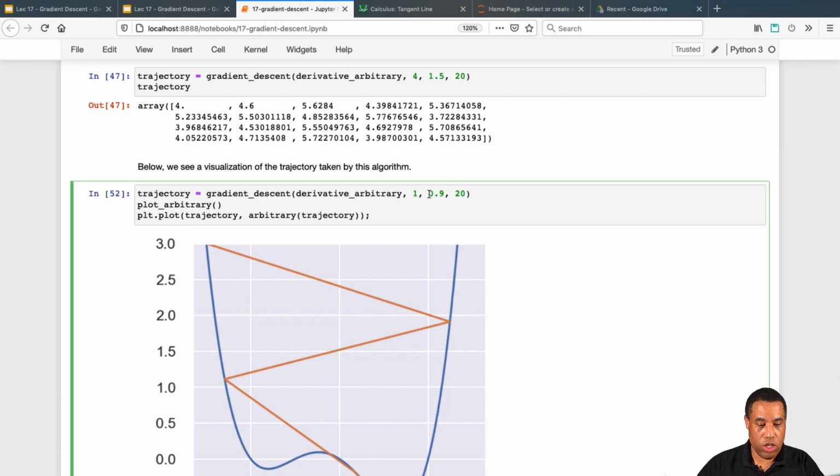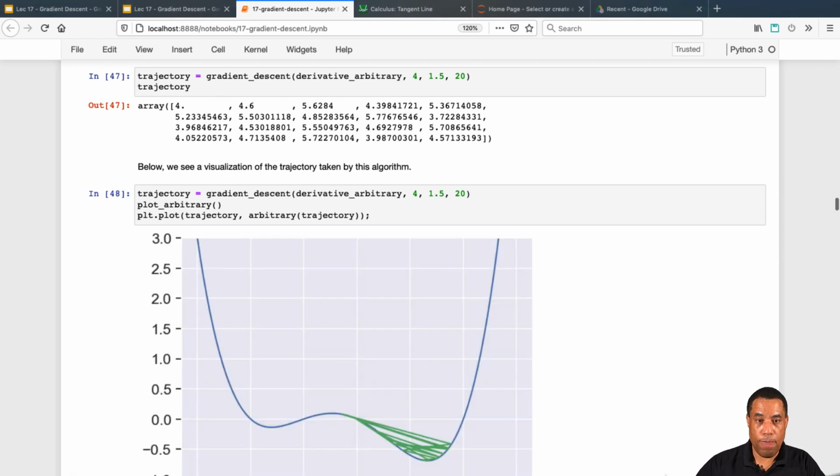And we'll start with, let's say we start at 4 and use 1.5. So here we can see we very quickly are narrowing in on what we were looking for, but we don't actually hit it.